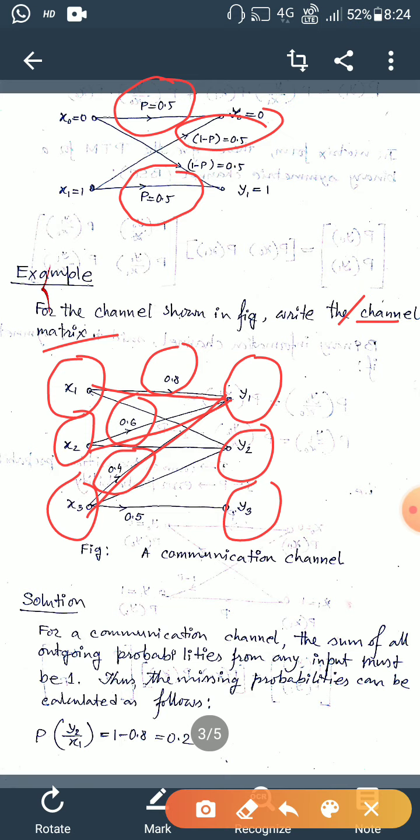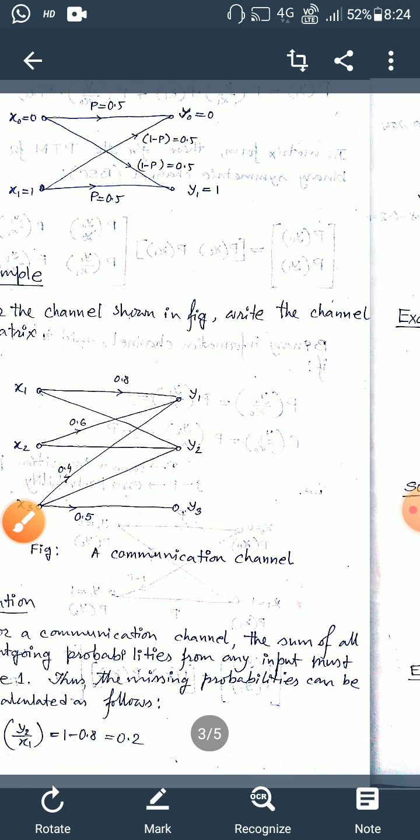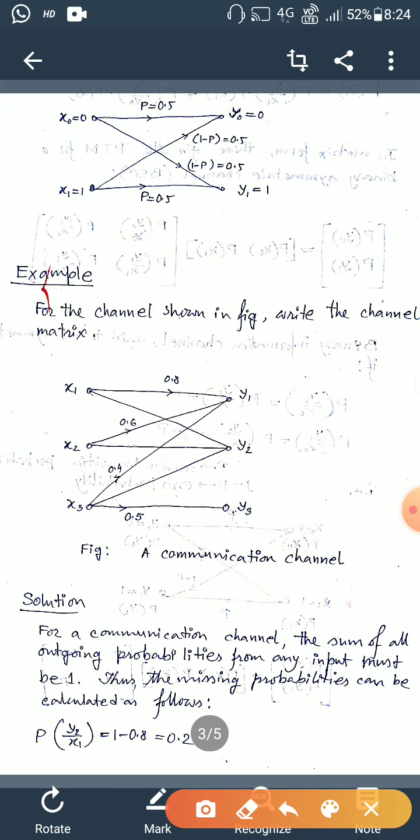The same thing is given here, and the one that is missing, p of y2 given x1, is calculated here.